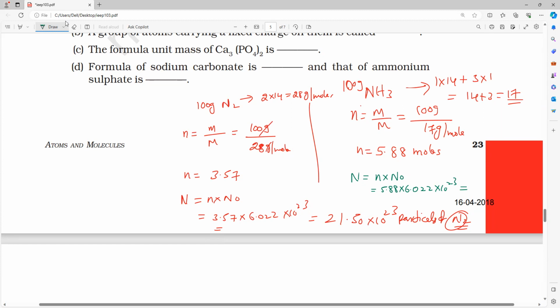6.022, so you'll get 35.42 into 10 power 23 NH3 molecules. NH3 molecule, which is greater for all of you? This is 35 and this is 21. Which is greater? 35.